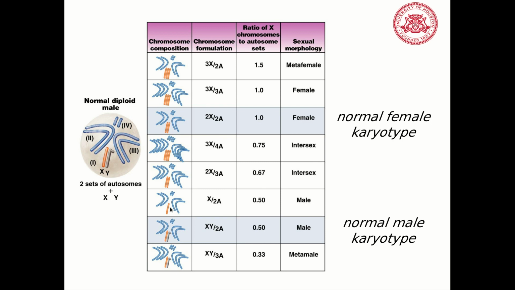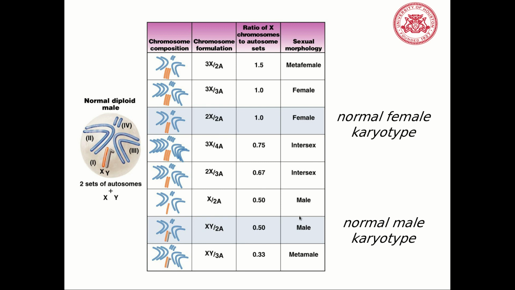But in flies, realize that it's a ratio, and the ratio of chromosomes is what determines your maleness. You'll notice that 1 X and nothing else makes you male. Female is a 1 to 1, and here it's like 1 to 2. So 1 to 2 makes you male.